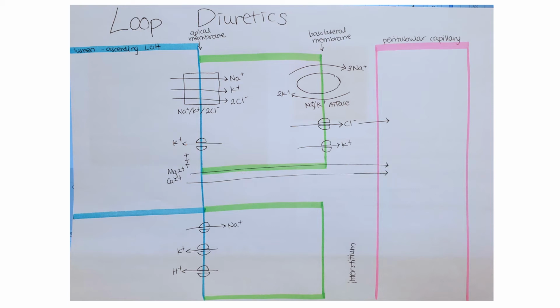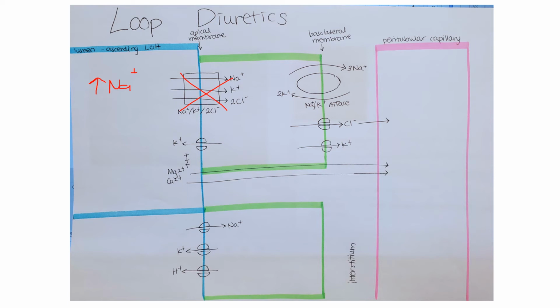Okay, so now let's discuss what happens when we give loop diuretics. Loop diuretics, as we know, inhibit the sodium potassium 2 chloride symporter. They inhibit this symporter on the apical membrane. So what does that mean? That means there's less sodium transported inside the cell. So we increase sodium here, right? Because it's not coming in.